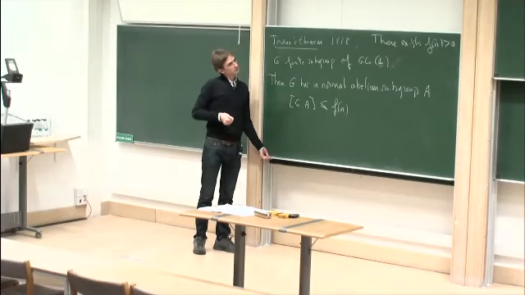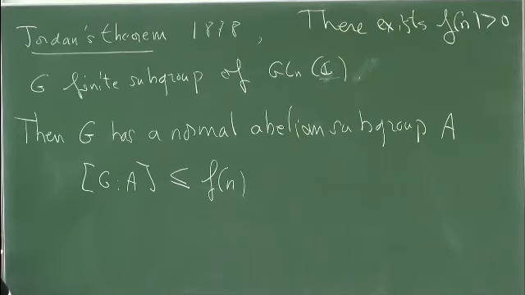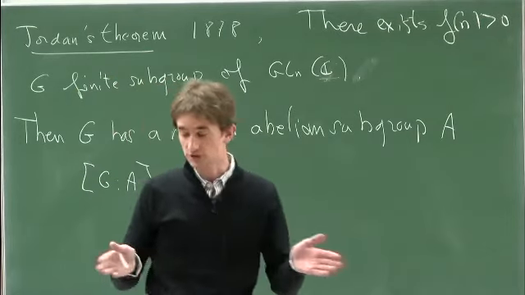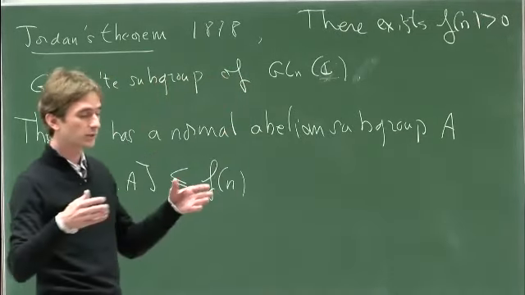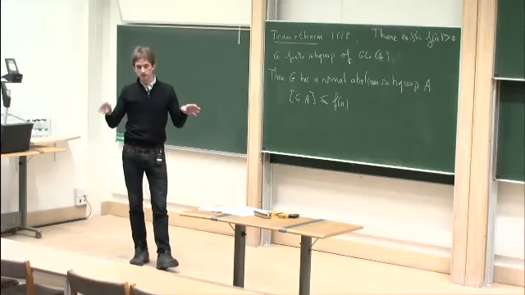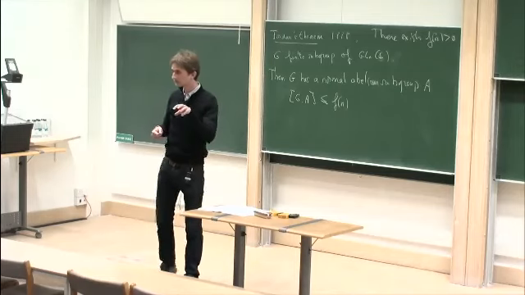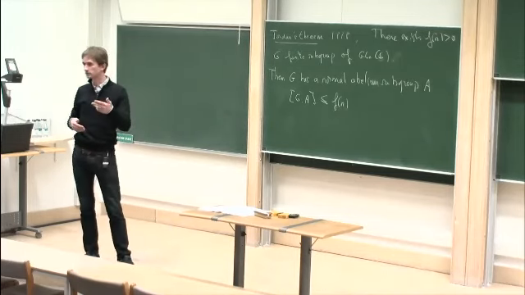So this theorem was proven in 1878, and I think Jordan was originally motivated by a problem about differential equations. He was looking at linear differential equations where the coefficients are given by rational functions, and he was assuming that the solutions were algebraic functions.